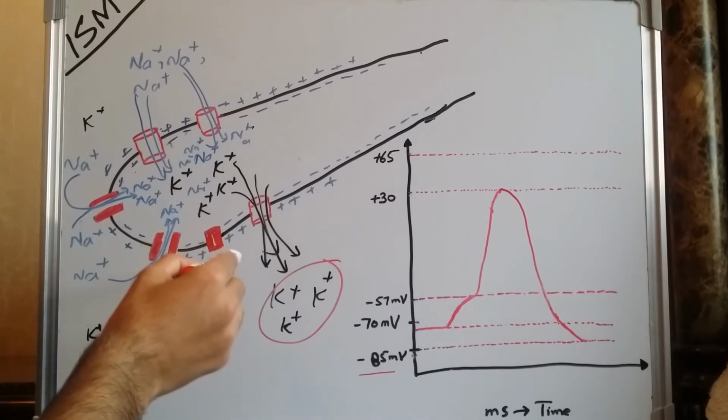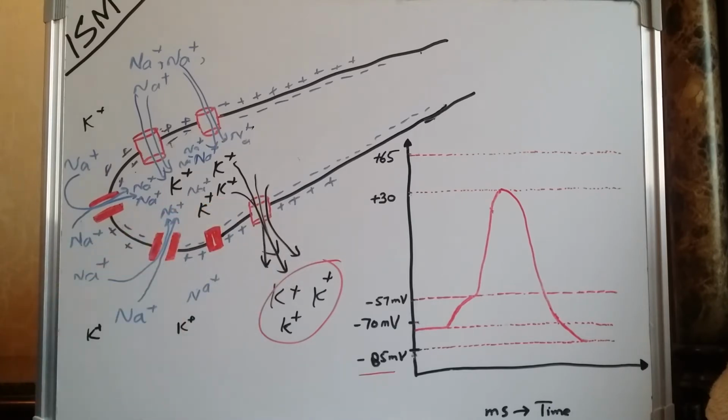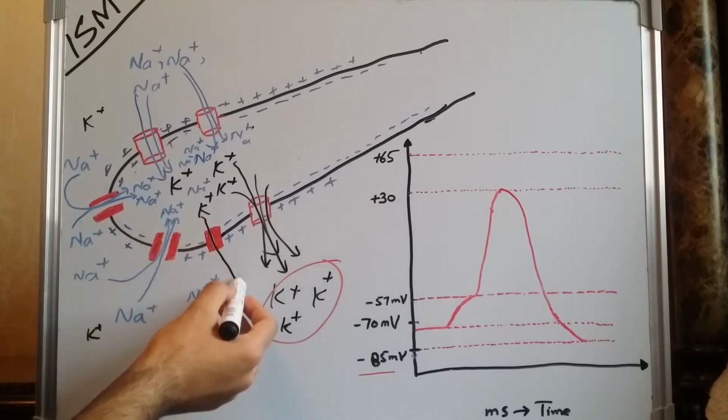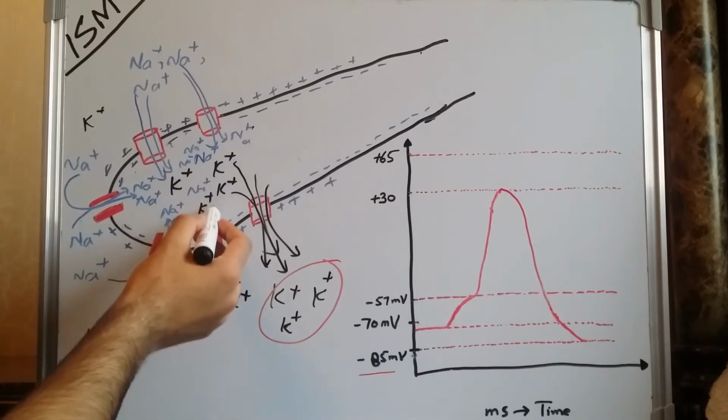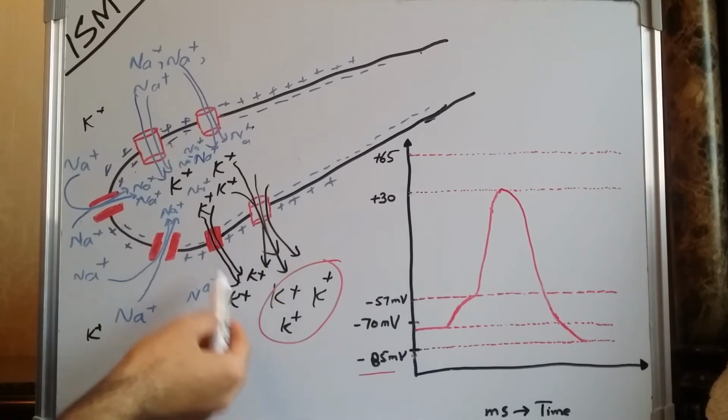After this, the leaky channels open up, which are always-open leaky membrane channels that allow potassium to leak outside. So more and more potassium leaks outside, and due to this the potential reaches minus 85.